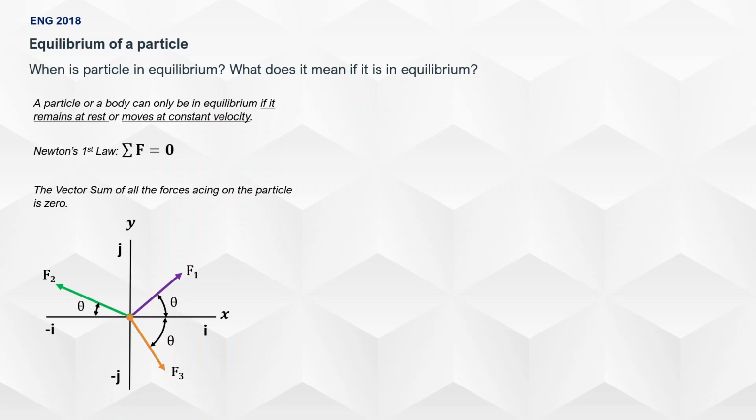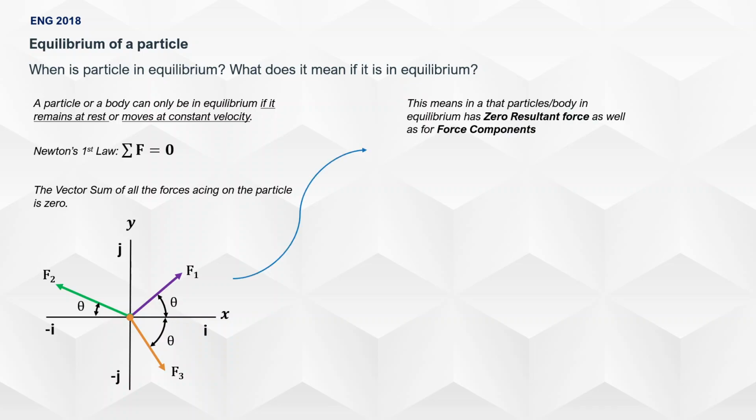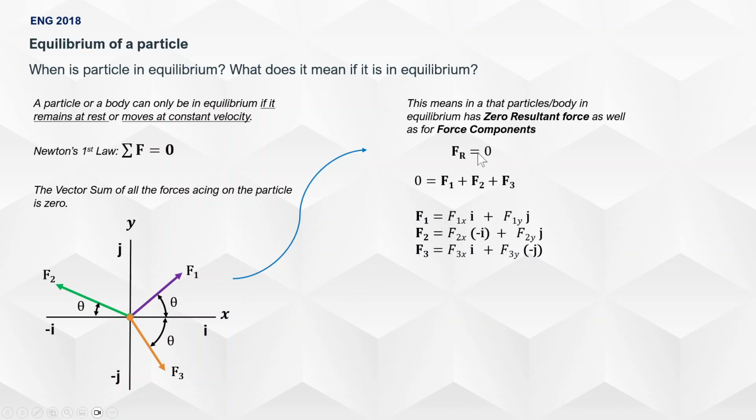You can arrange it as well so that the summation of the x and y components of the resultant force is equal to 0. So it means that a particle's body in equilibrium has a zero resultant force as well as zero force components. To show that, it'll be equated just like so. Here we are now going to apply the equation, establishing our equilibrium equation, basically.